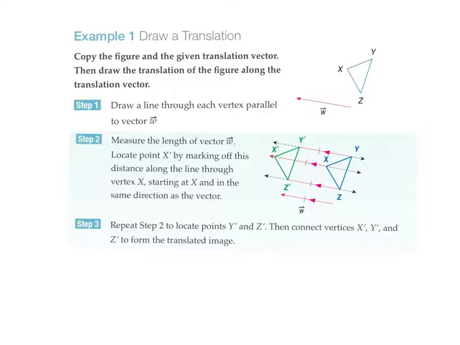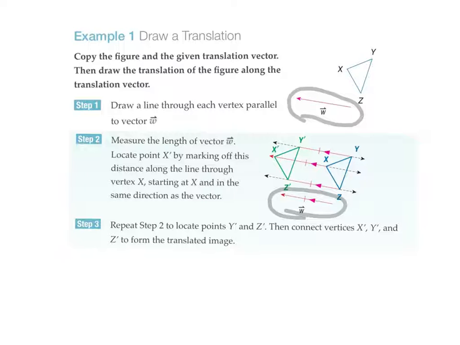Alright, so here's example 1. You've got this triangle X, Y and Z, and you've got the translation vector, which in this case is W, and you've got to move triangle X, Y and Z in the same direction and the same length as that. First thing to do is to measure the distance of the vector. You're not too worried about the direction of it at the moment, but you want to know how long it is.